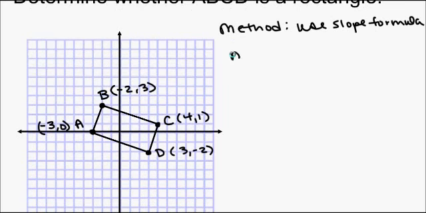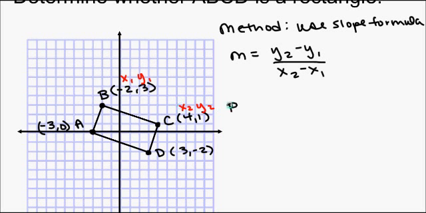Okay, so slope formula is m equals y2 minus y1 over x2 minus x1. And I'm going to label x1, y1, x2, y2. Okay, so let's start off with BC.